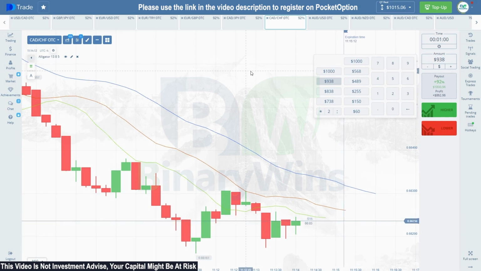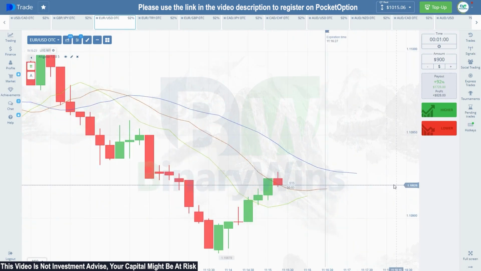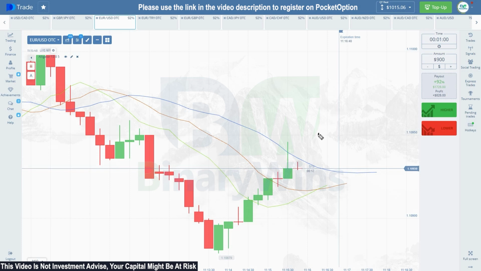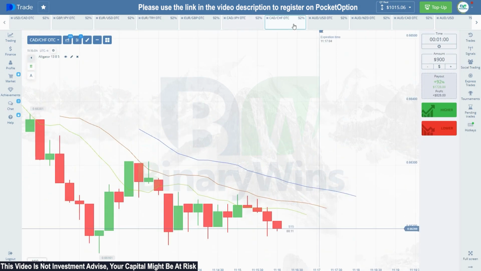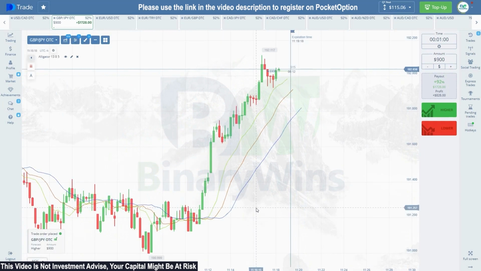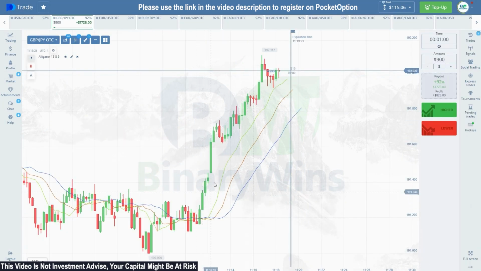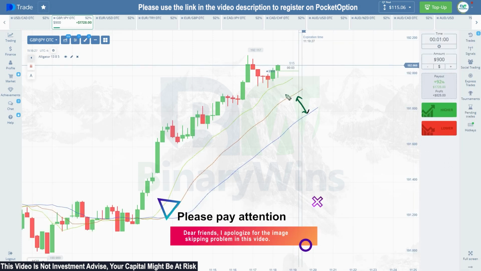Okay? Our candle crossed the alligator line, so we're not doing anything. A strong upward trend. Alligator lines are far from each other.